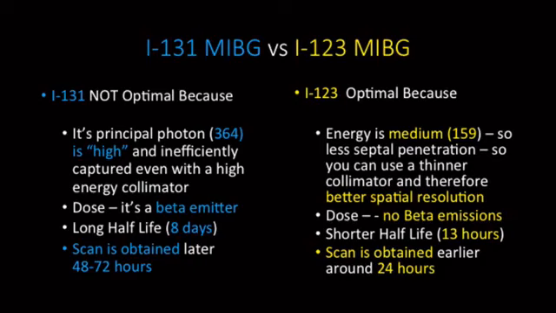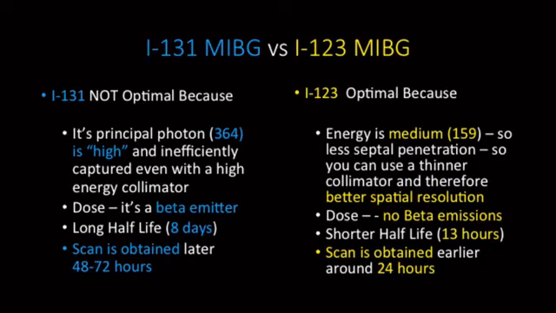You have to use the thick plates, and that messes with your spatial resolution. There's also dose issues because this is also used for treatment, so it's also a beta emitter, and it's got a long half-life, 8 days relative to the 13 hours of 123, and you have to wait basically until it cools off well enough so that you can image it.